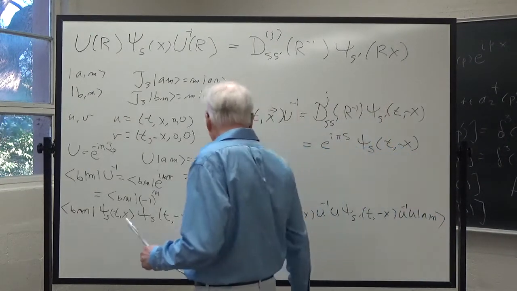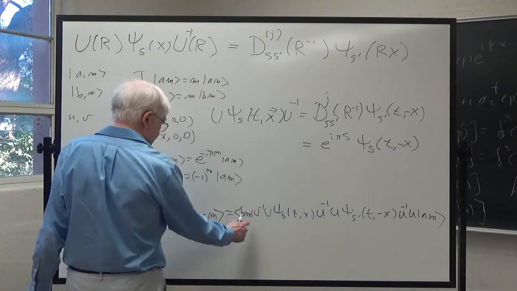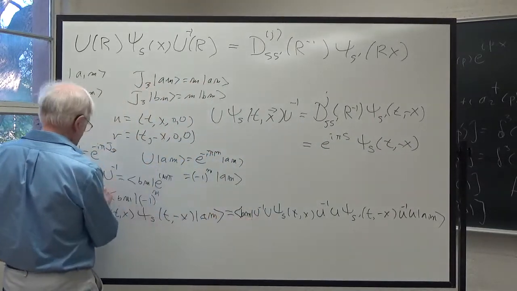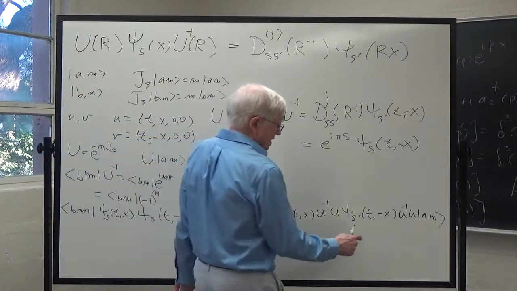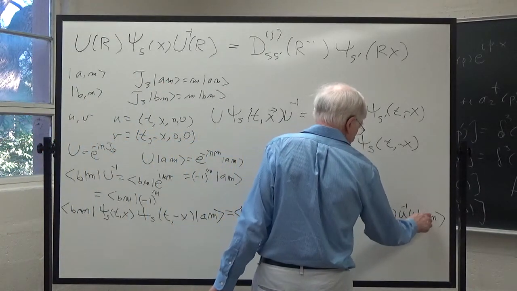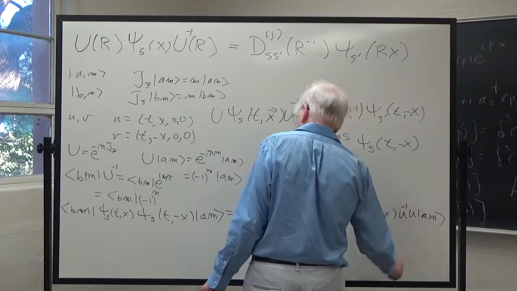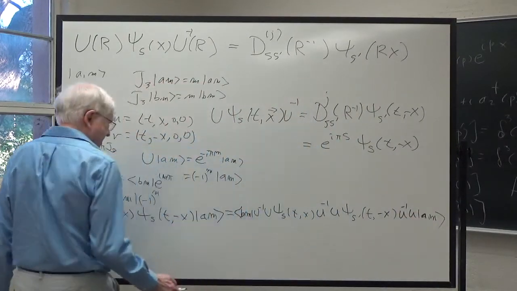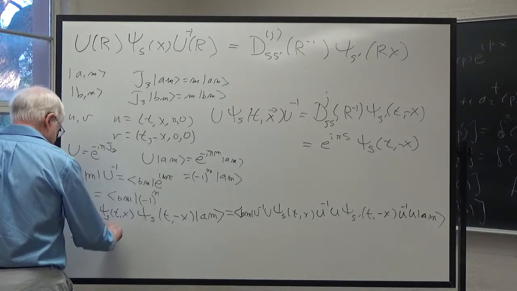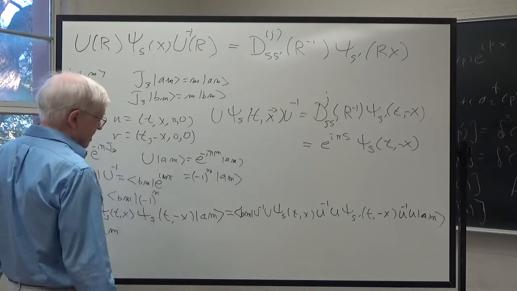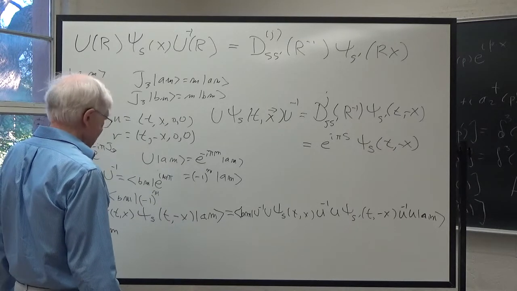Okay. So now we've got the Bm under U inverse is minus 1 to the m. U on am is minus 1 to the m. So altogether this is minus 1 to the 2m, which is, well, let's see what m is.